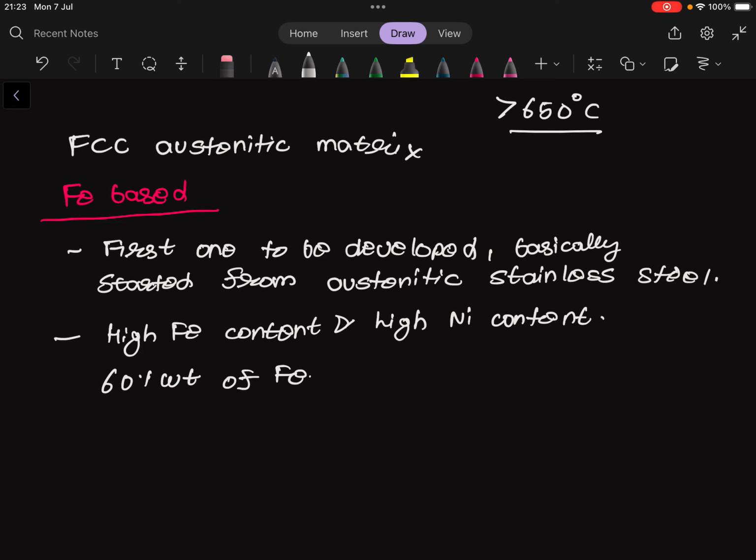The nickel content in this alloy is up to 25% by weight, because nickel is an austenite stabilizer.